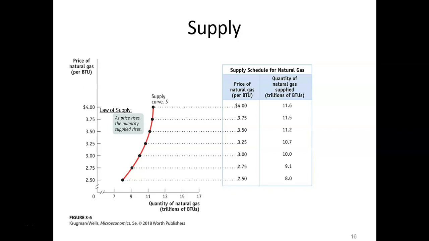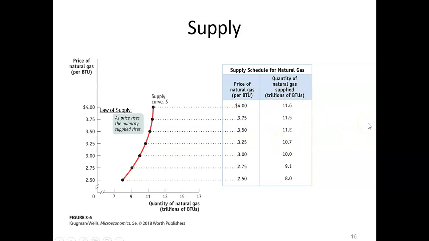Then each time they sell a BTU of natural gas, that increases their profits. For natural gas, for example, it makes more sense to supply more to the market, to do some more hydrofracking, to increase the quantity you're supplying to market because it's more profitable at the higher prices.